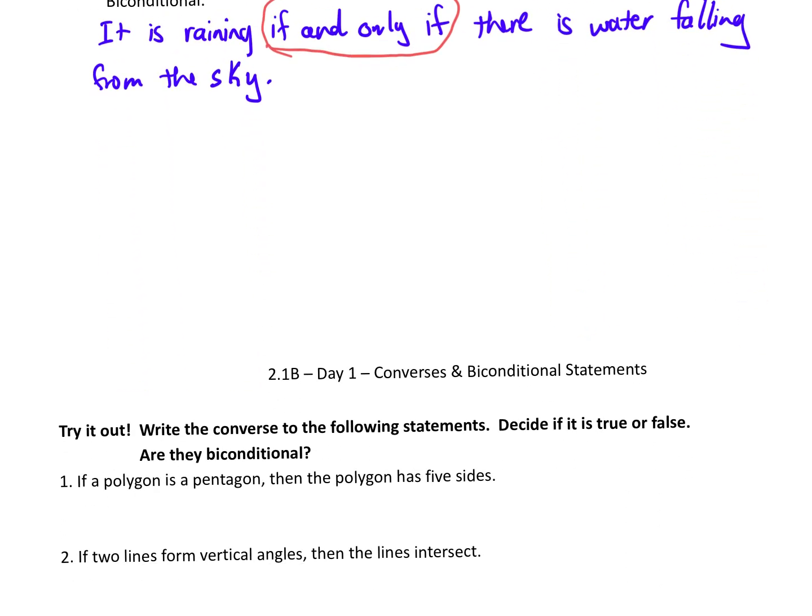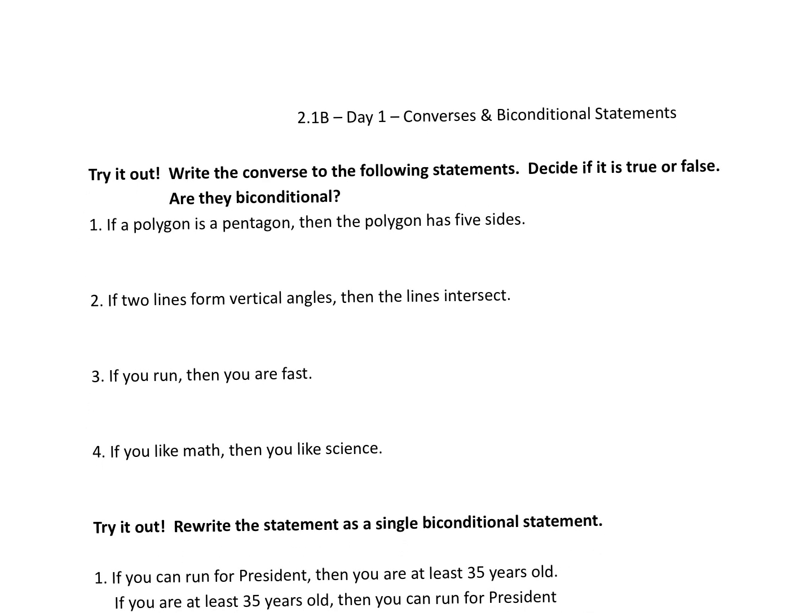Going further down, let's try this out. We want to write the converse, decide if it's true or false, and are they biconditional? So the statement, if a polygon is a pentagon, then the polygon has 5 sides. The converse would be, if the polygon has 5 sides, then it is a pentagon.